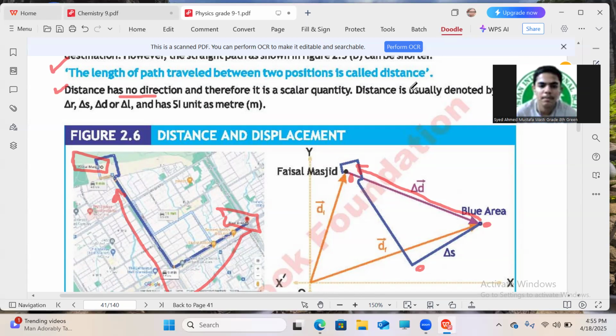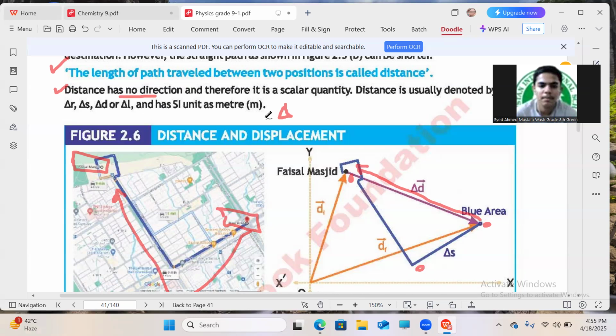Moreover, the distance is usually denoted by some sign: del R, del S, del D, del L. Firstly, tell me what you mean by the sign del. This is the sign representing a small triangle, and in physics it means change. It is called delta, and the word delta means change.